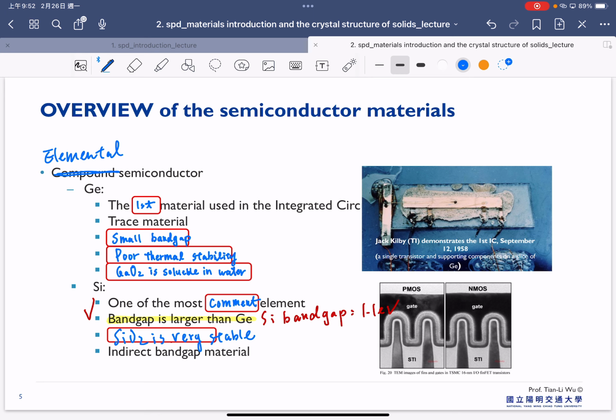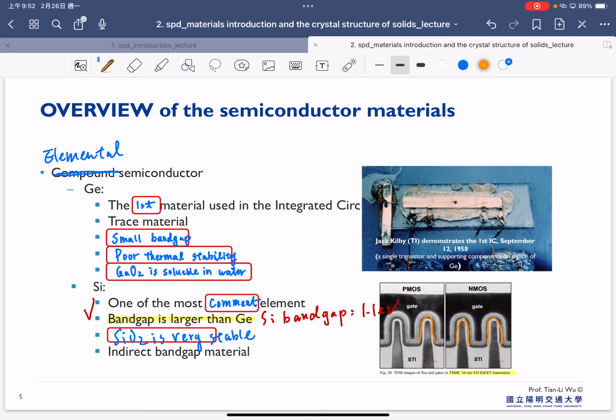So if you look at the advanced FinFET, this is TSMC 16 nanometer FinFET technology here, and they still use silicon dioxide below the gate region.